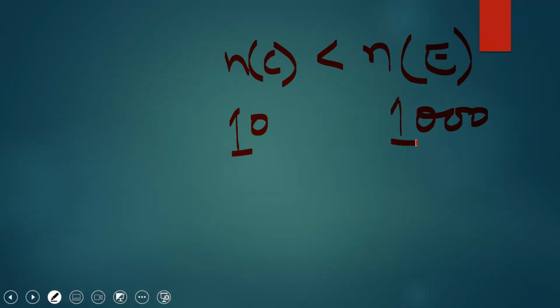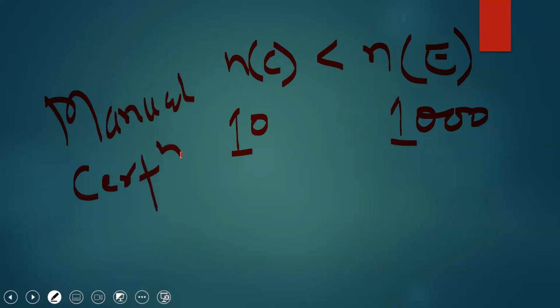So for the controllers, you can do some sort of manual certification process. Manually, you can install the certificates, generate the CSRs and all those things. But for the edge devices, if you do all this manually, it will take too much time.